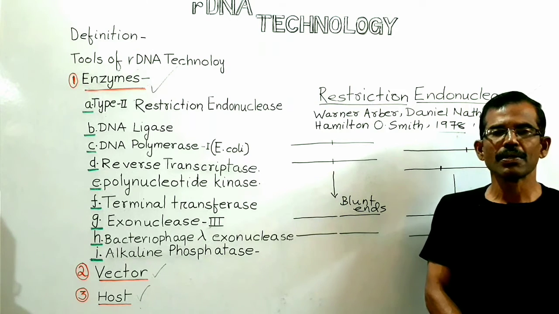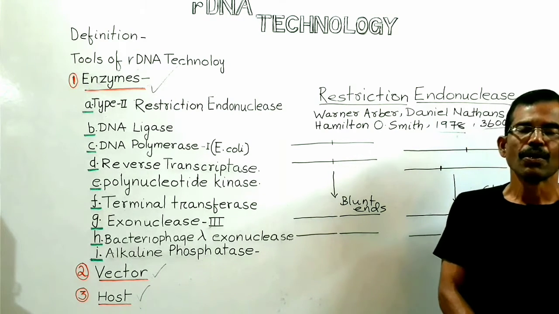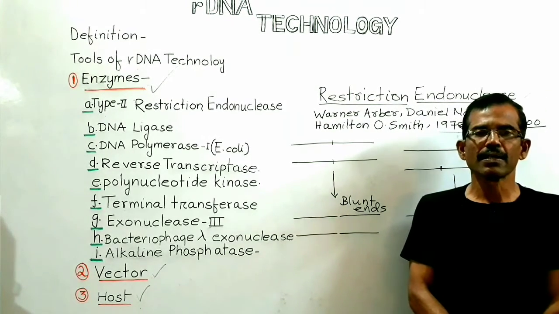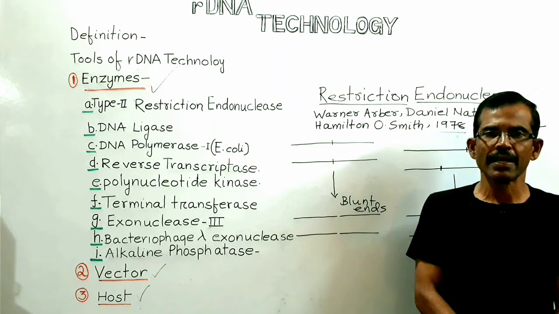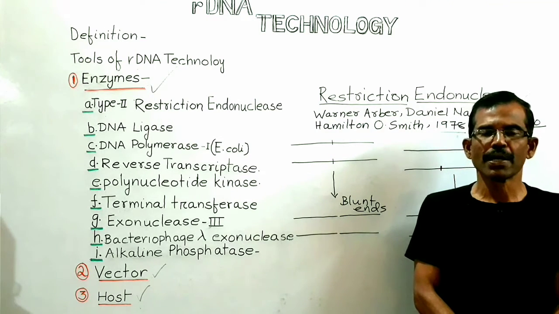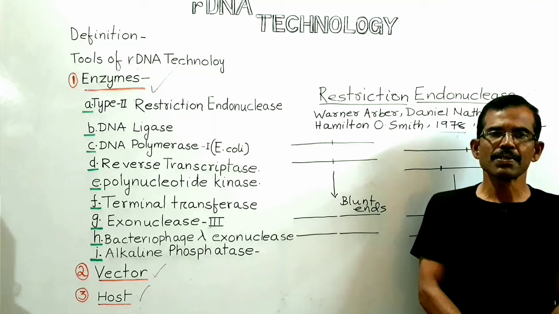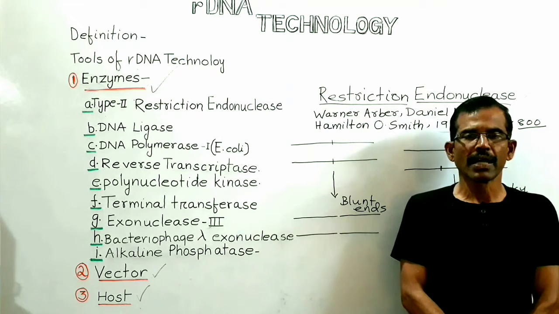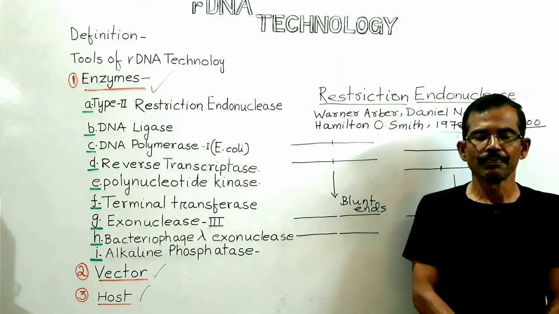Restriction endonucleases are classified into 5 different types on the basis of composition, cofactor requirement, nature of target sequence and position of the recognition site relative to the cleavage site. The various types are type 1, type 2, type 3, type 4 and type 5.